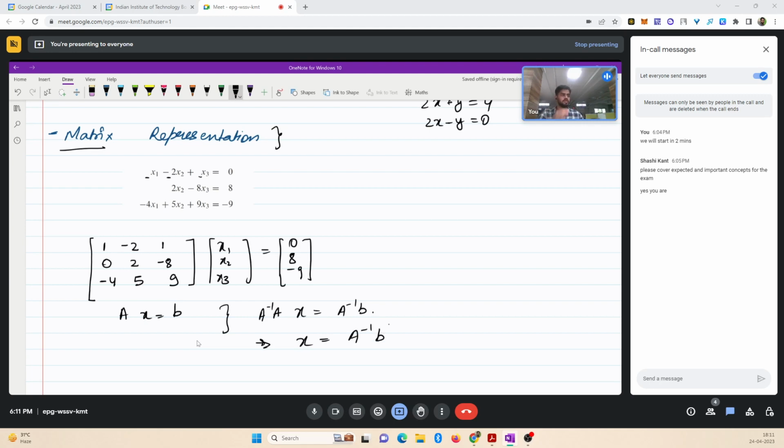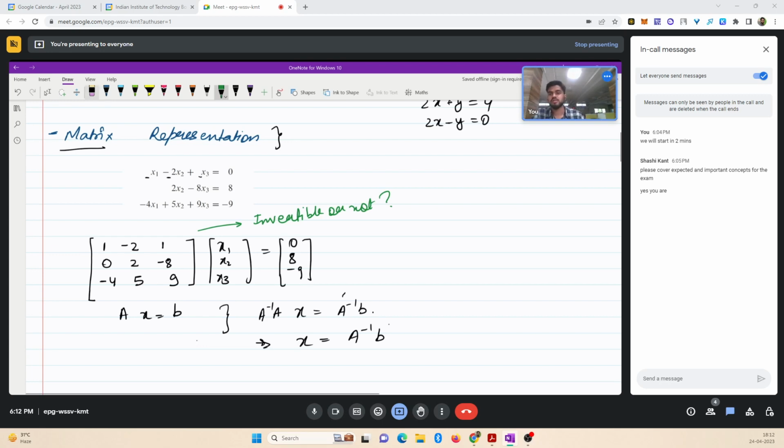So if you want to check whether a system is consistent or not, you can do that by just checking if this matrix A that you have constructed is invertible or not. If the inverse exists, then your system becomes consistent. If the inverse doesn't exist, then your system becomes inconsistent.